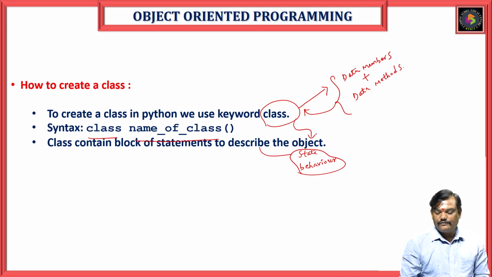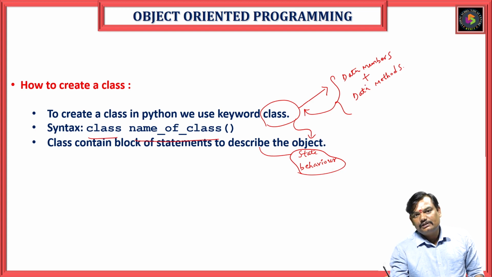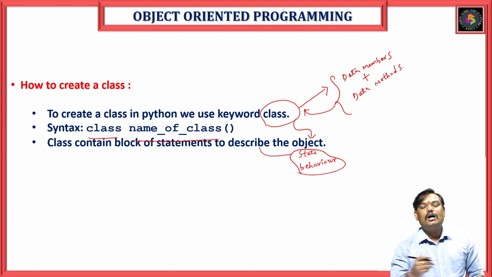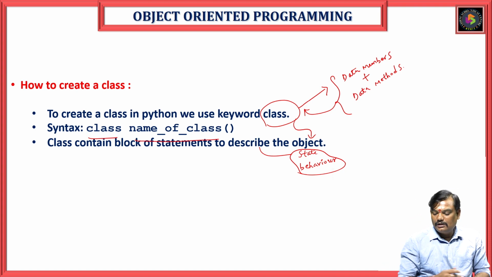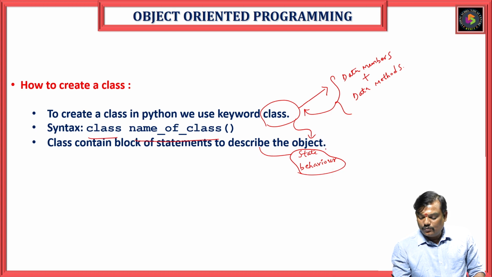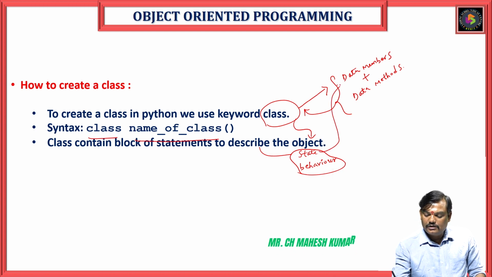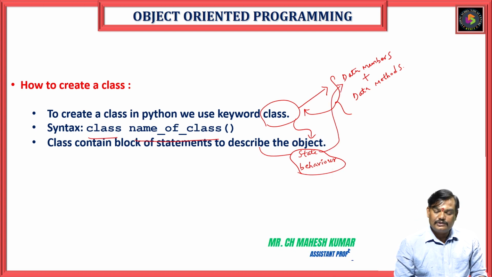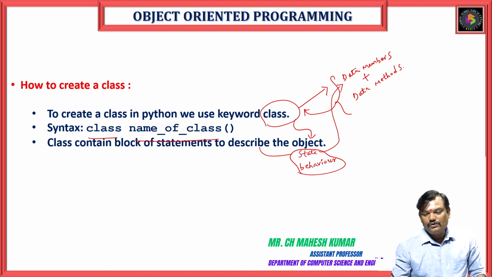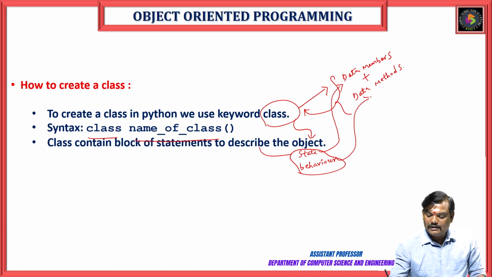That is the reason we define a class as a template for creating objects. In the definition of the class, we are going to describe how the object has to be created. After creating the object, the state of the object is described in data members, and the behavior of the object is described in the methods.